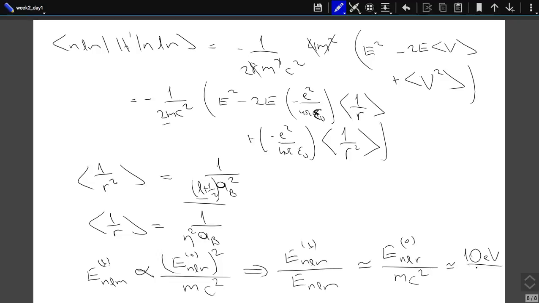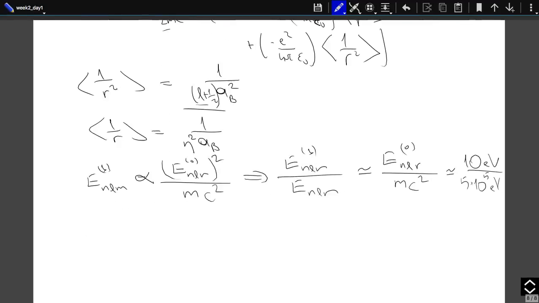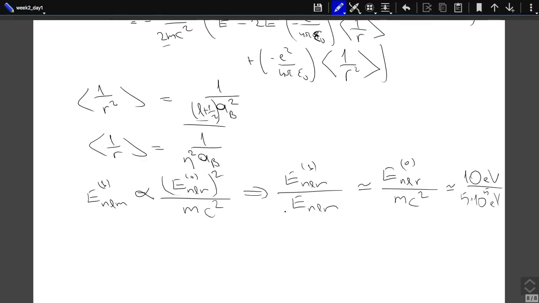That is 5 times 10 to the power 5 electron volts. So this ratio is of the order of 10 to the power minus 5, the correction. So if you are planning to measure this correction, you have to be able to measure the energy up to a level of 0.1 per mil. So if you can make such precise measurements, then you can detect this shift.